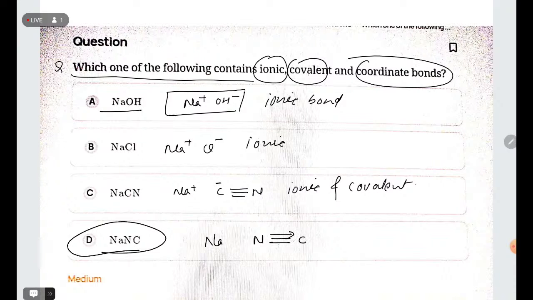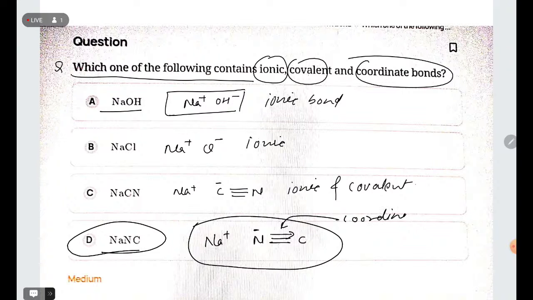Here will be the coordinate bond, where the lone pair of electrons is transferred to the carbon. This plus and minus is going to be ionic, and these two bonds are going to be covalent. So our correct answer will be option number D, student.